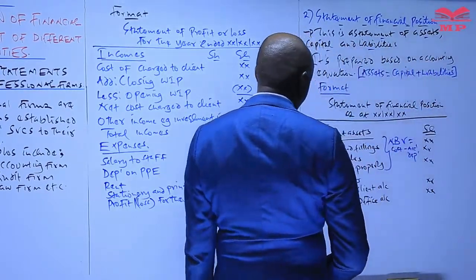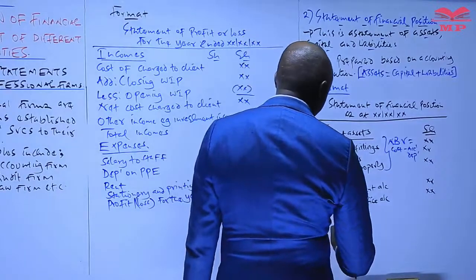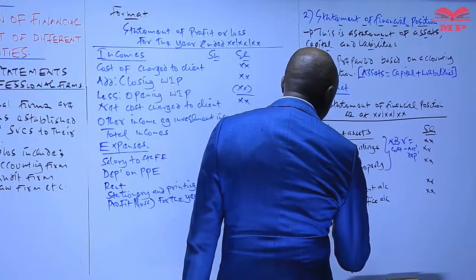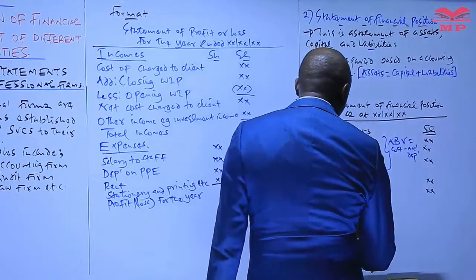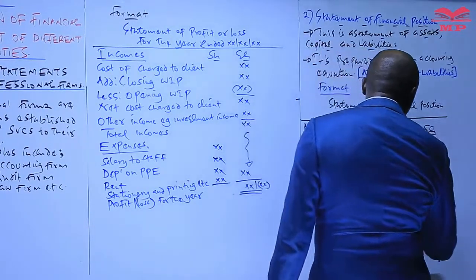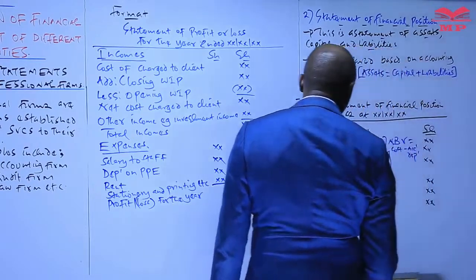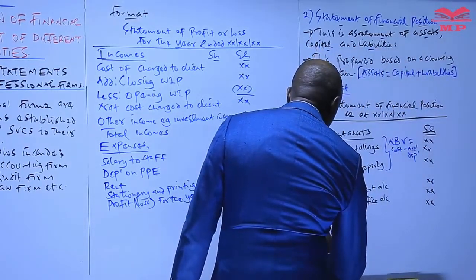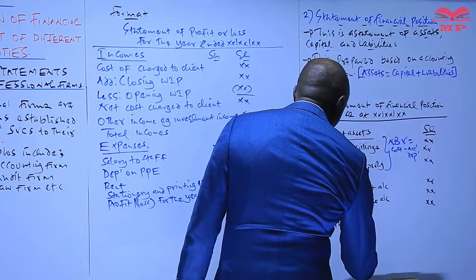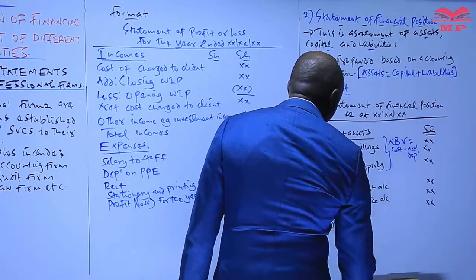So we have cash and bank balance, and then we have things like the closing work in progress. Closing work in progress is still a current asset. We also have disbursement on client behalf.